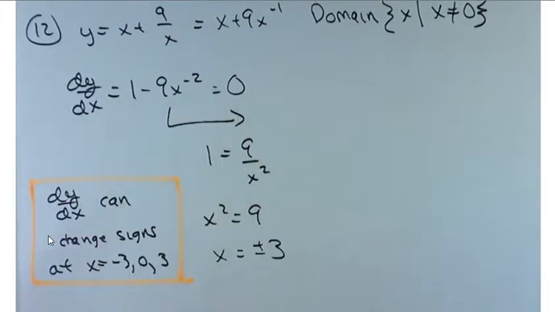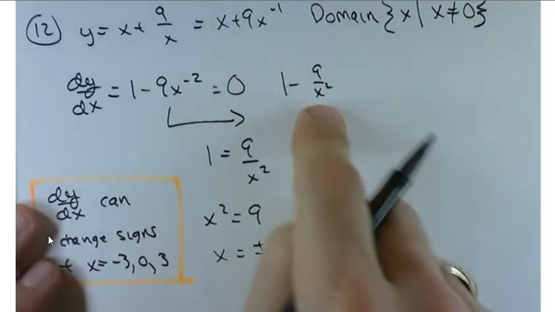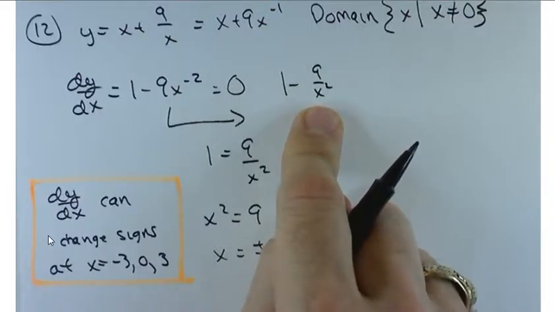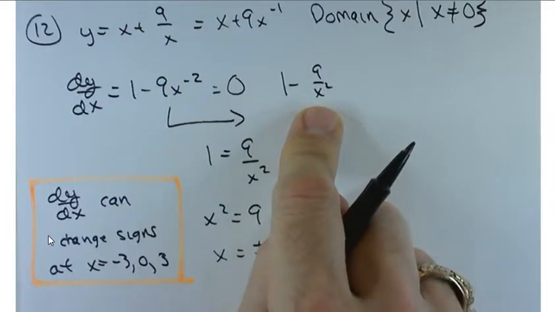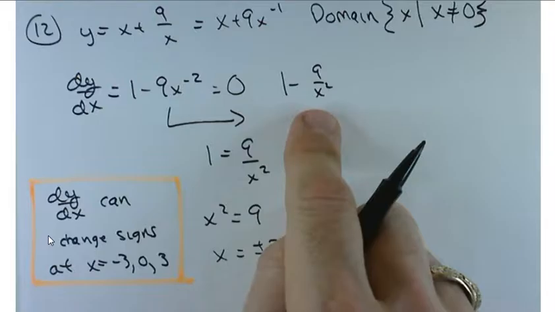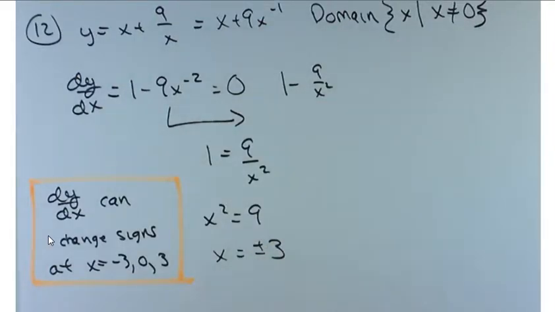Because, and maybe I should write it this way, 1 minus 9 over x squared, the derivative is undefined at 0. So the derivative could change signs from the left of 0 to the right of 0. We just have to test it. So now, 0 is not a critical point because 0 is not in the domain. But nonetheless, the function could have a change there.